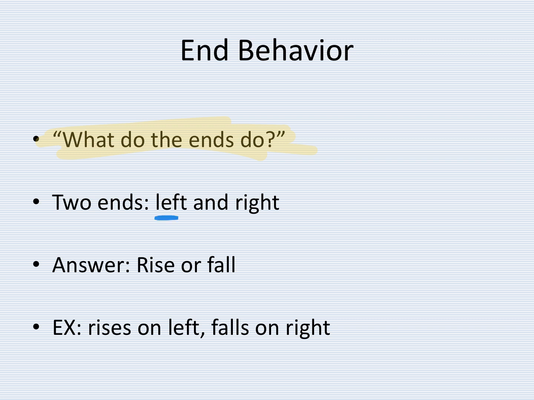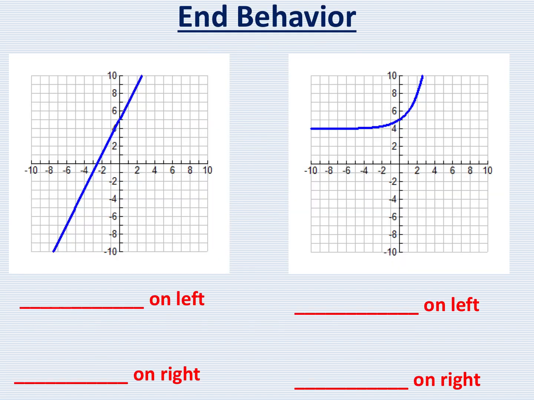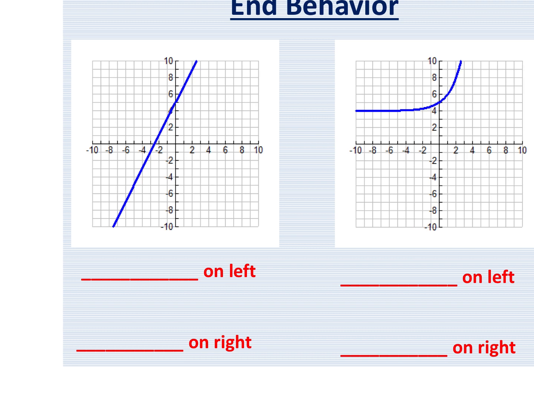There is a left end, there is a right end. And you simply have to say whether it rises or it falls. Okay? So, watch how this is going to happen. If we look at these examples, we've just got to talk about what it does.